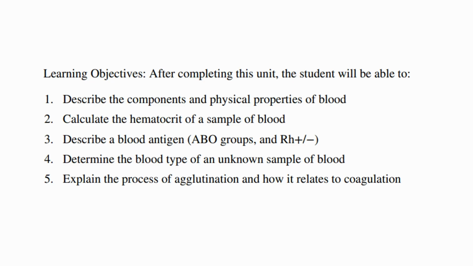So we'll talk about antigens that are on your blood cells and talk about proteins that are part of the soluble part of blood that are called globulins, immunoglobulins that respond to the, I'll call them carbohydrates or markers, or better word, antigens on the red blood cells, and how that leads to the process of agglutination.